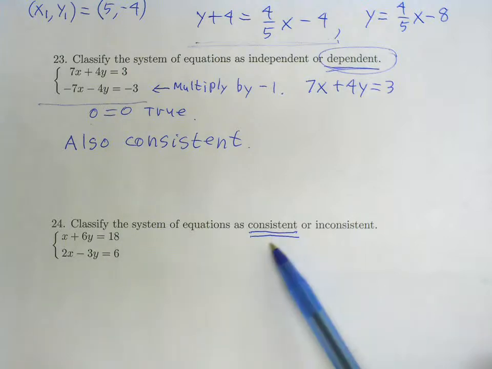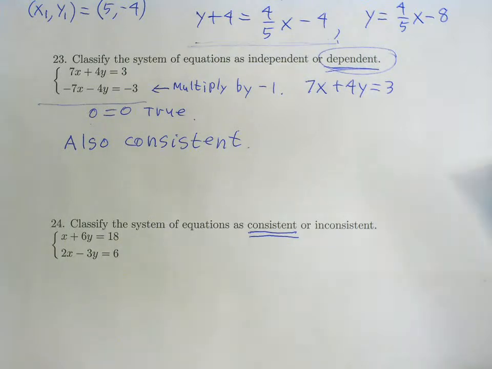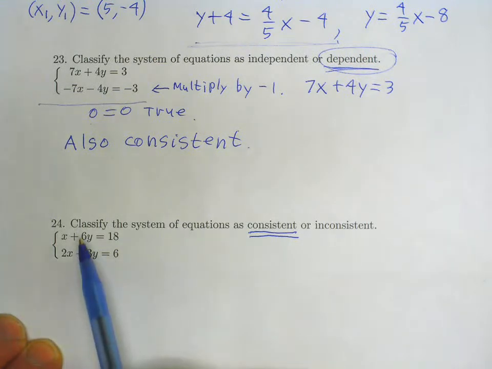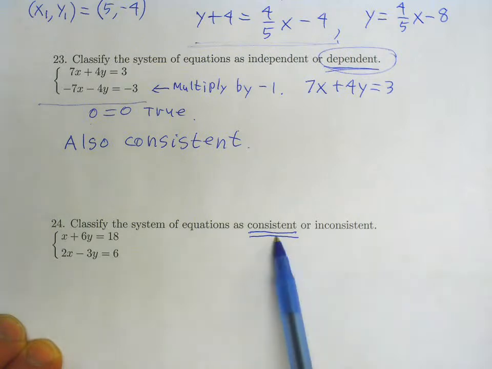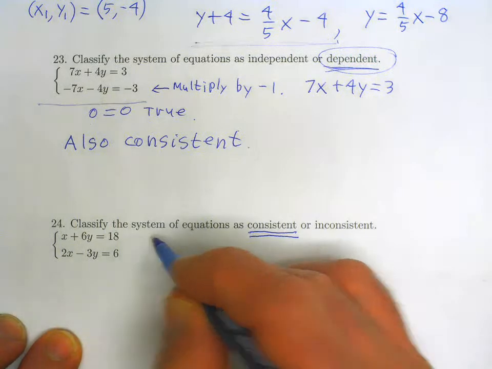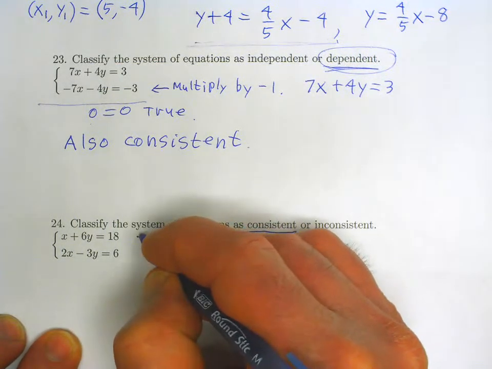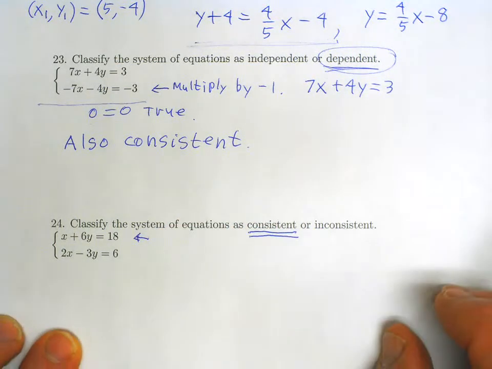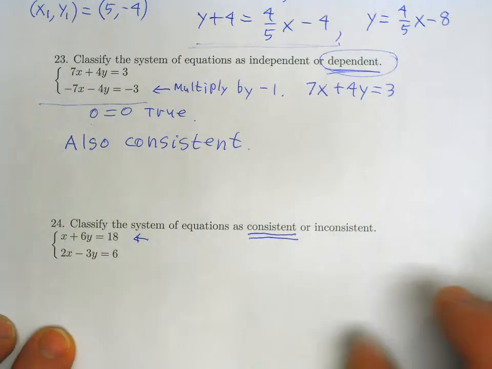Or if you try to solve using the elimination method, you'll be able to solve it. And then another way, if the slopes are different, then it's consistent. So you can almost tell by looking. So why don't we go ahead and just solve it, since you need to practice.